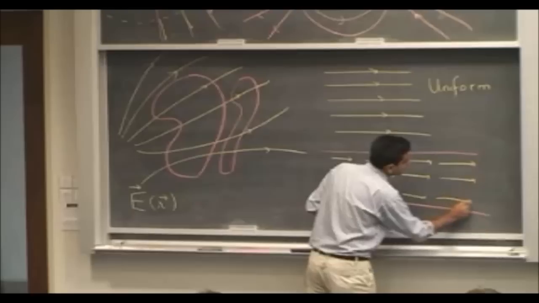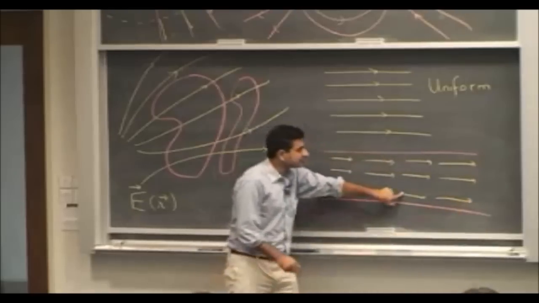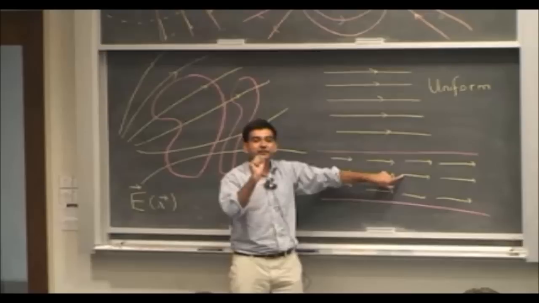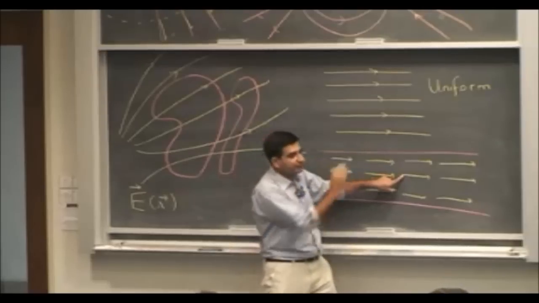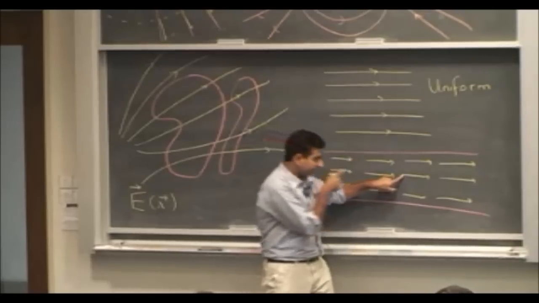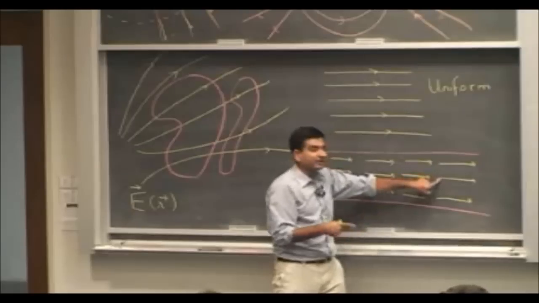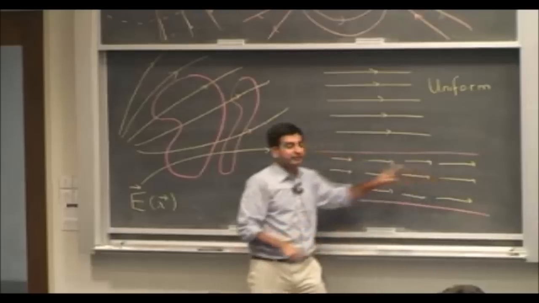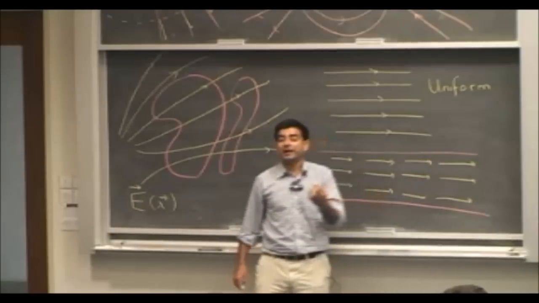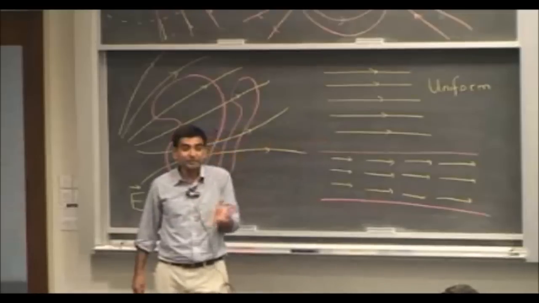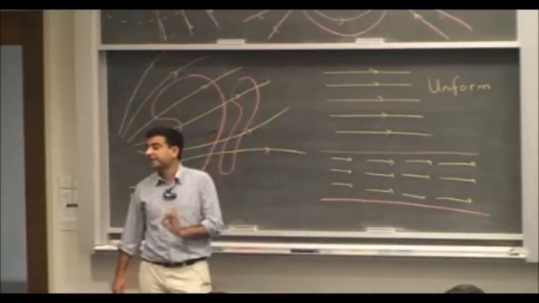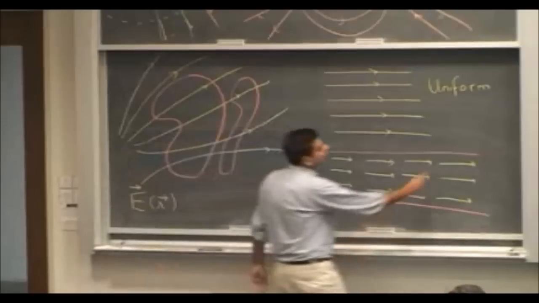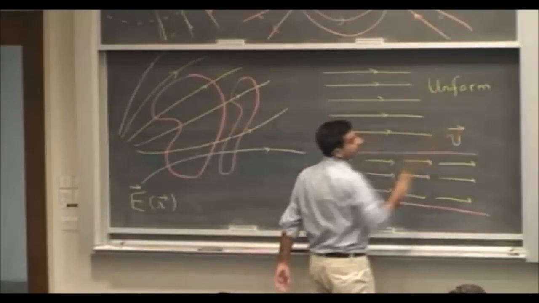So there is water flowing inside a river, and what each arrow represents is, at this particular point, the particle of water has a certain velocity which is pointing from left to right, and its magnitude is represented by the length of this arrow. This particle has the same velocity, same direction, same magnitude. So this represents a uniform field, but now it's a velocity vector field. Velocity is also a vector, so it's a velocity field instead of an electric field. This is something that is easy to visualize.